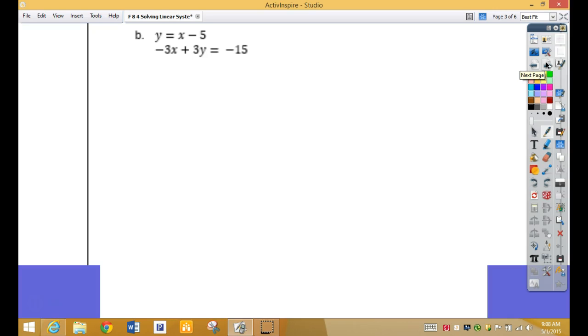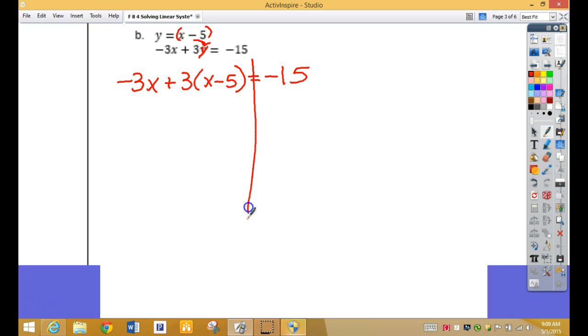Now, what do you want to substitute in for? Are we going to substitute in for the x, or are we going to substitute in for the y? The y, right here. This has to go in for the y. Let's rewrite our equation. A negative 3x plus 3 times x minus 5 equals a negative 15. What do I do first?